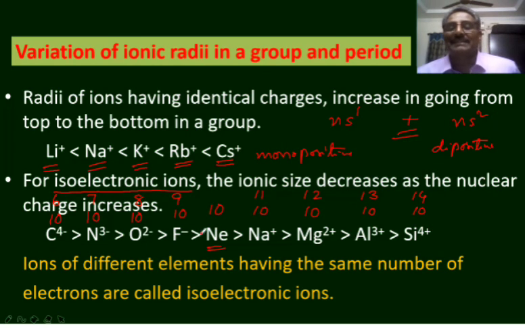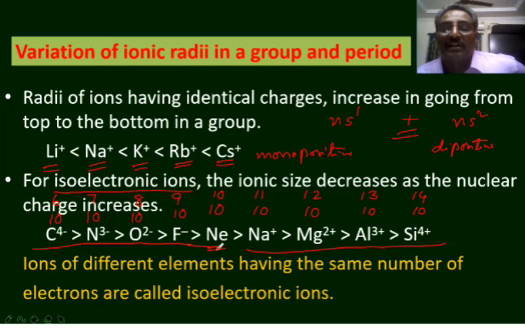All these species contain the same number of electrons, but their nuclear charges are different. The atomic numbers are different, but all of them possess 10 electrons. This kind of ions are said to be the isoelectronic ions. In the case of isoelectronic ions, when we move from left to right, that is, as the atomic number increases, the ionic radii gradually decrease.